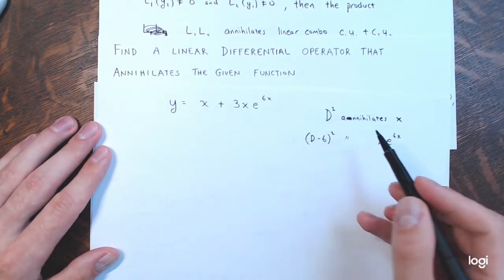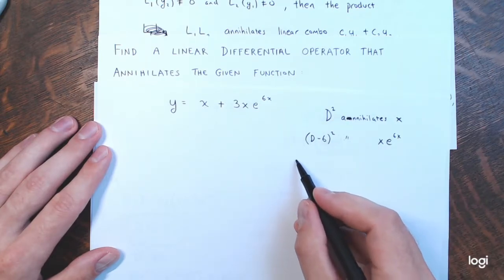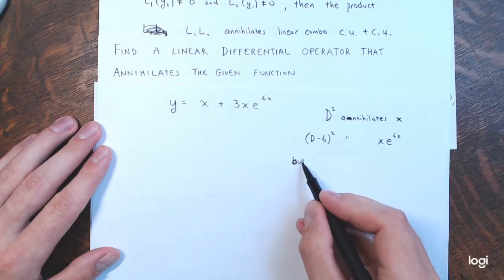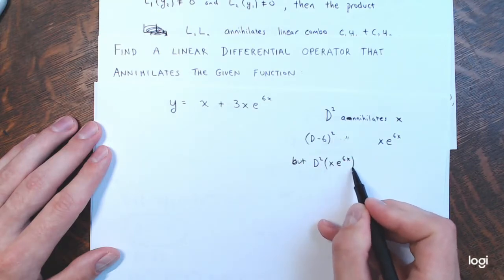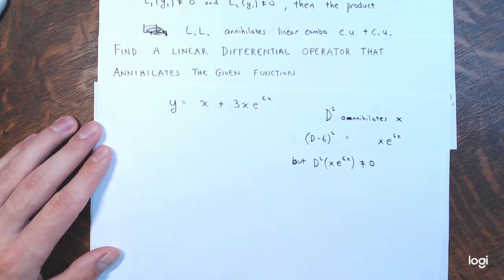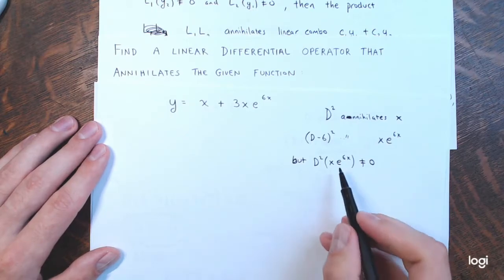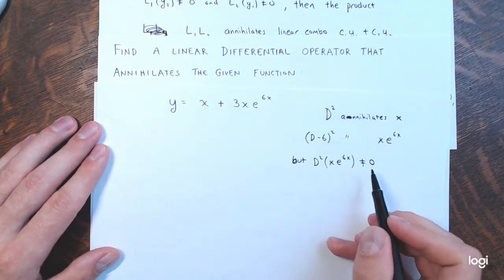Also, d squared doesn't annihilate, right? D squared does not annihilate x times e to the 6x, and you can very easily verify this. Take the second derivative of x times e to the 6x with respect to x, you'll see that that's not 0.